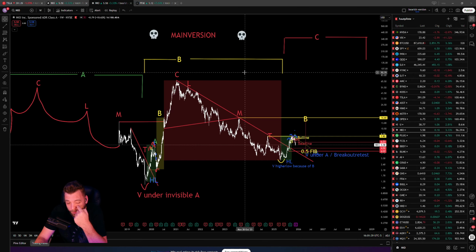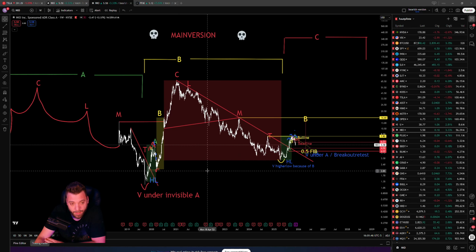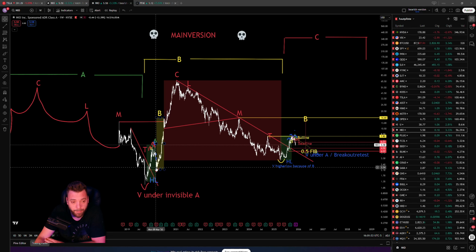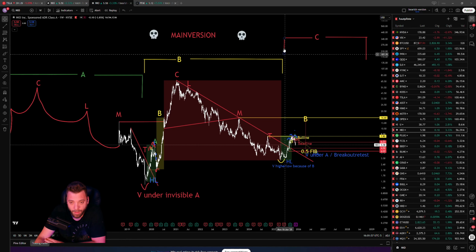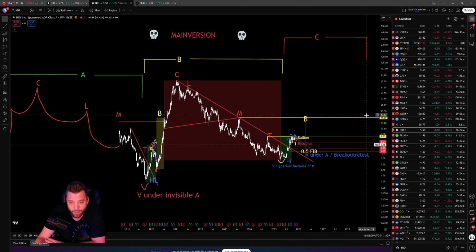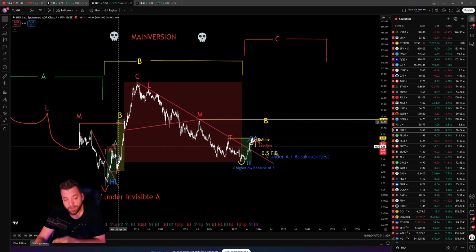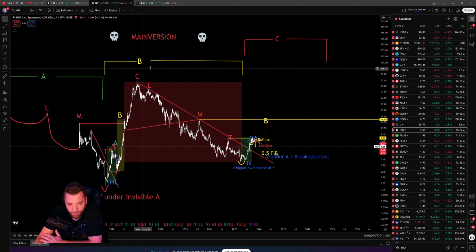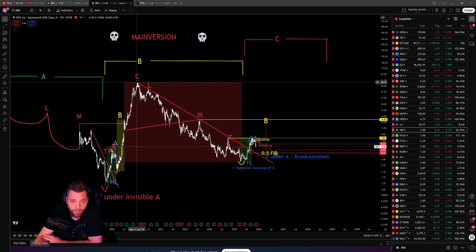Why not higher low on this is A? Because this didn't drop under V and A. The A would have done that. This was just a higher low from A, from this one here. So this would be our big B. And right now we would be going into big C. I mean, even if this was A, B, or high low, your next target is still over this here, over 68.